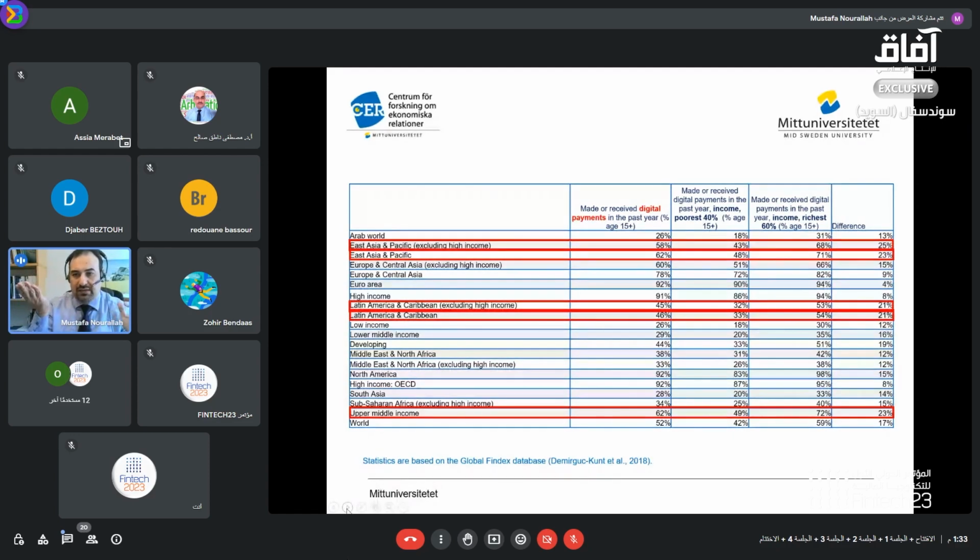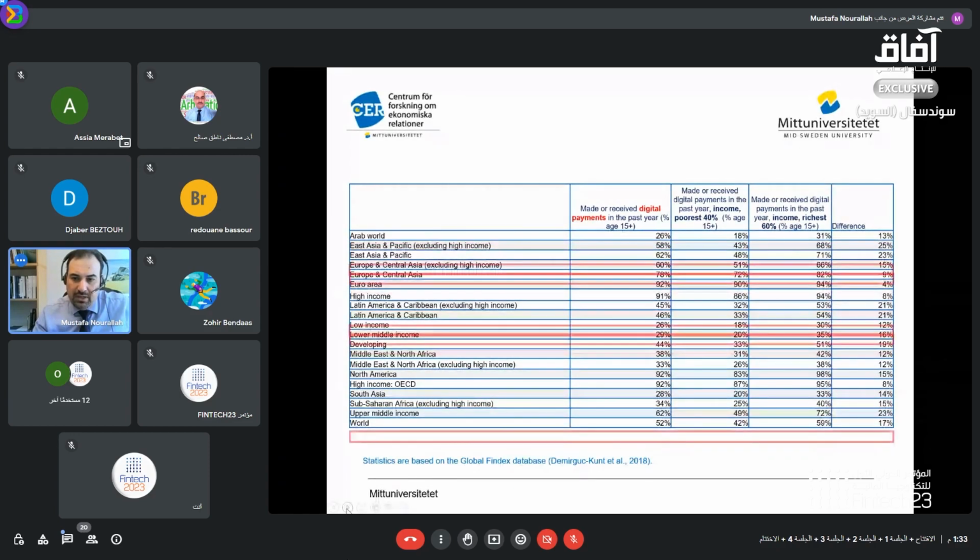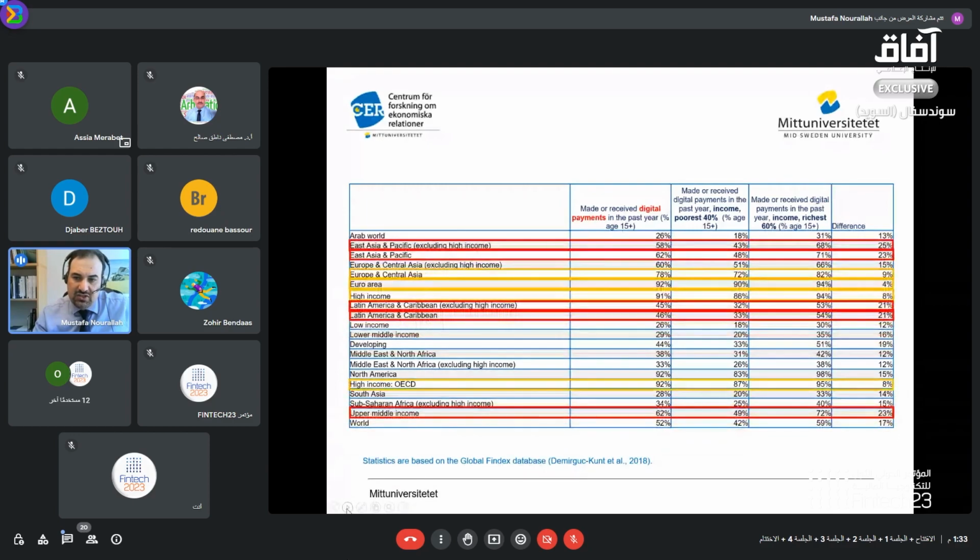So we have somewhere around 25% difference between those who have high income or a lot of wealth and those who have low income or a low amount of wealth. The percentage is not so big in other countries, for example 4% in Europe, and in Central Asia up to 10%.